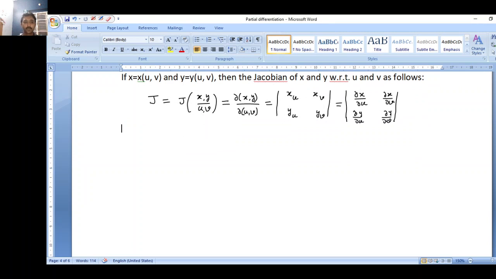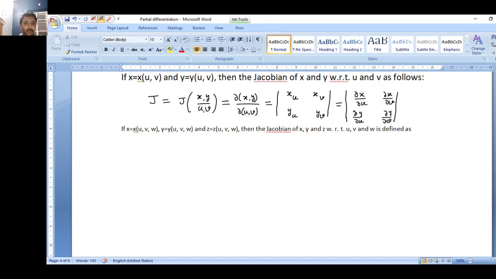Similarly, suppose we have x to be a function of u, v and w, y to be a function of u, v and w, and z to be another function of u, v and w, then the Jacobian of x, y and z with respect to u, v and w is defined as J once again.